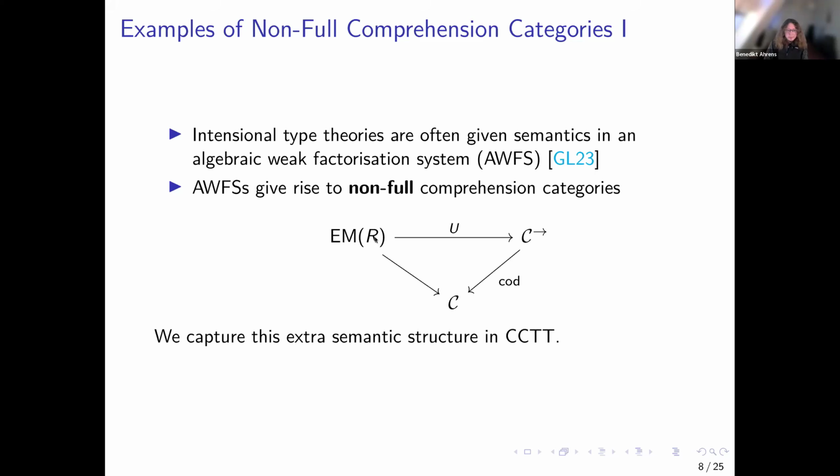It is, however, usually faithful. And we are interested in capturing this extra semantic structure that comes, for instance, from algebraic weak factorization systems in our type theory CCTT.